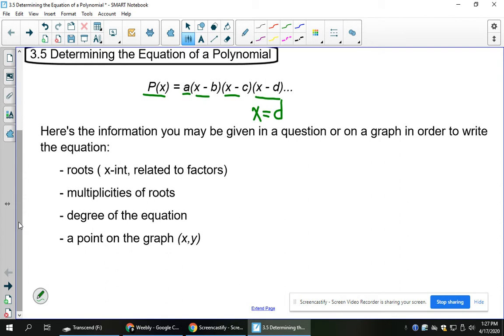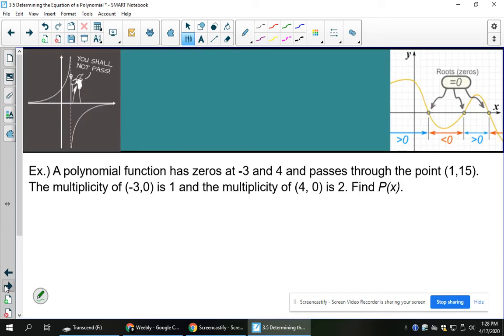If you're given some or all of this information, you can sub it into this factored form. Remember, this is called factored form. And what we're usually looking for is a. That's what we're not given, and we'll solve for that last thing.